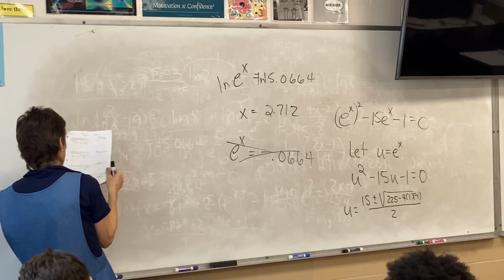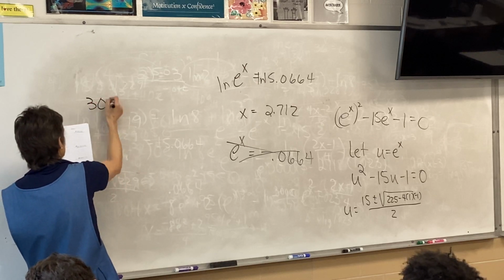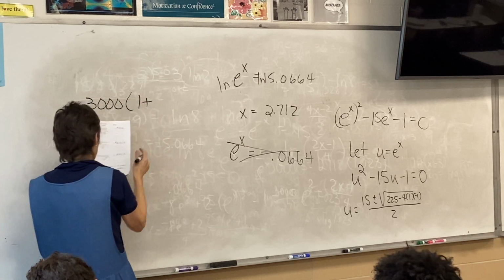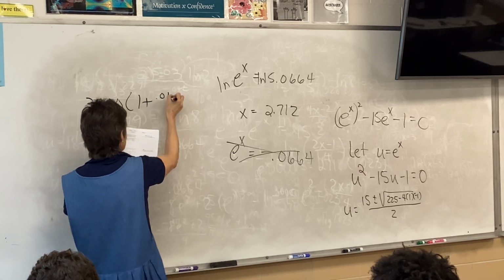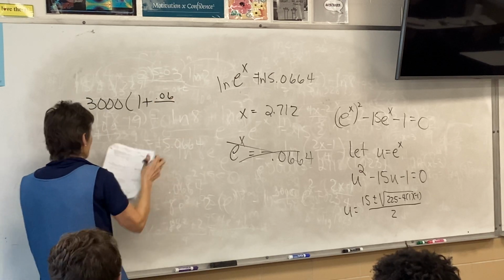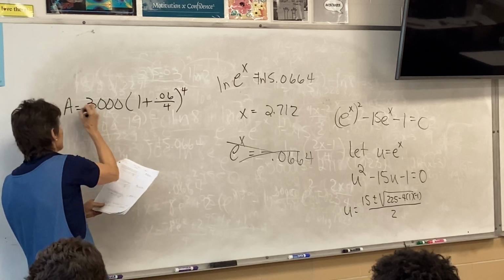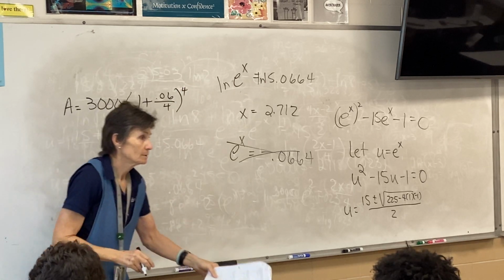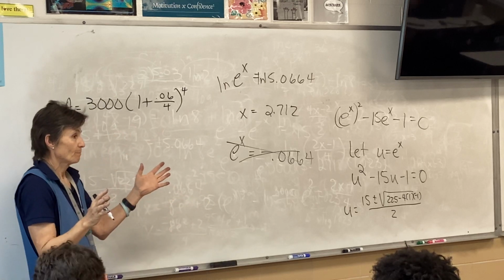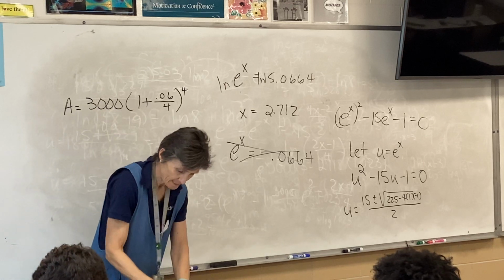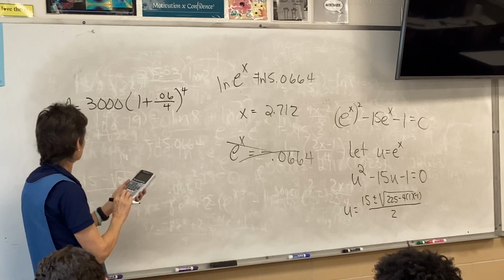So, we have $3,000 that we are investing at 6% compounded quarterly for 1 year. That's what the problem says. So I'm gonna figure out what that is. That's easy enough to do.